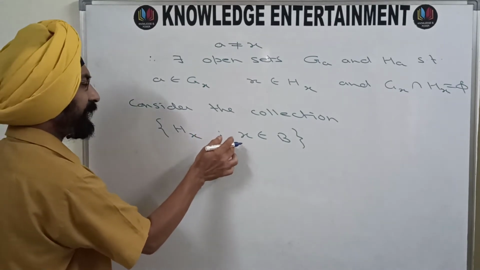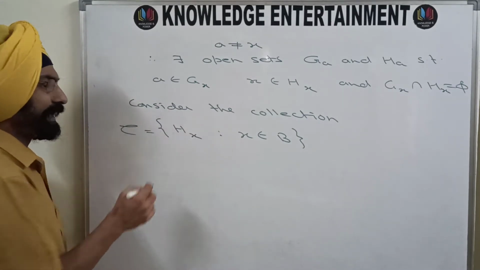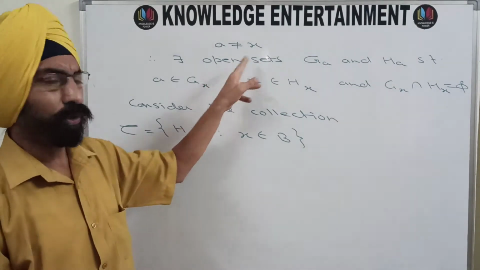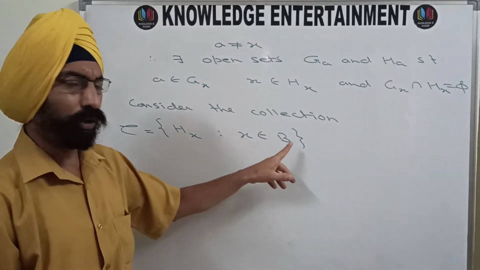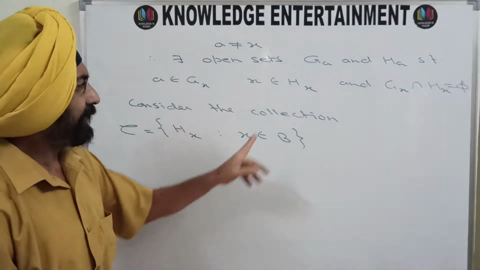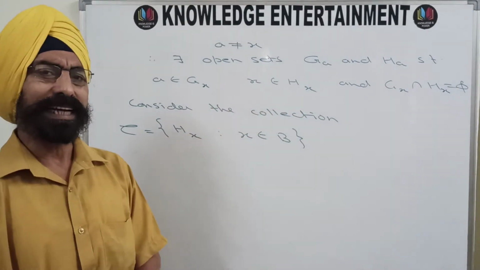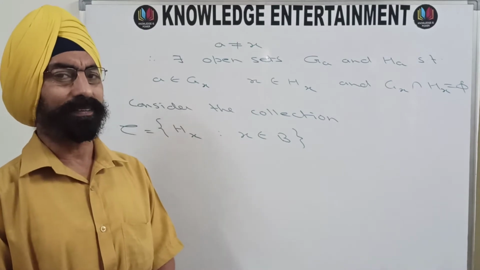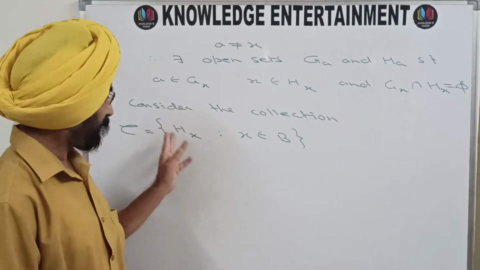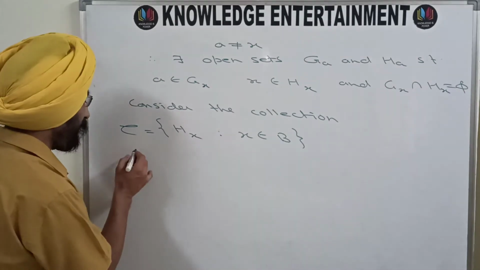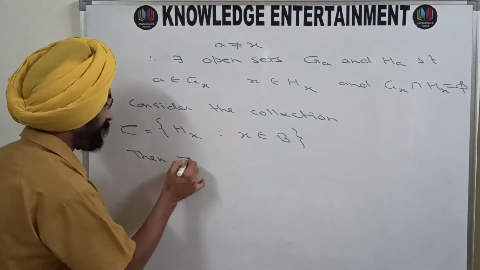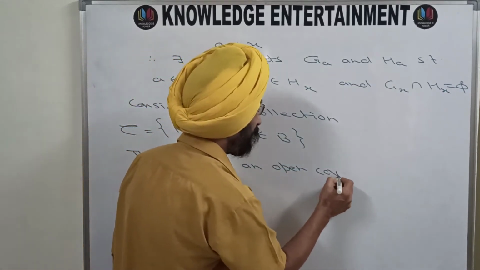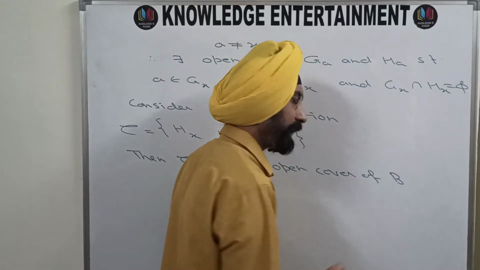And this collection, I am naming as C. Hx is an open set, we know it is an open set, and for every x belonging to B we have this Hx, and this Hx contains x. So that means this collection will be an open cover of the set B, because every Hx is an open set. So then this C is an open cover of B.